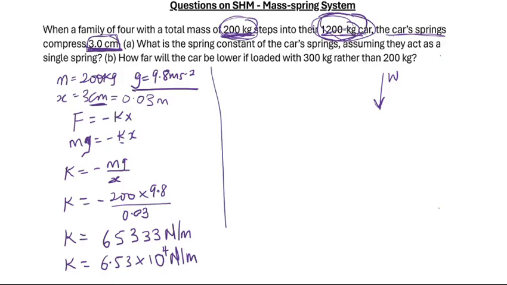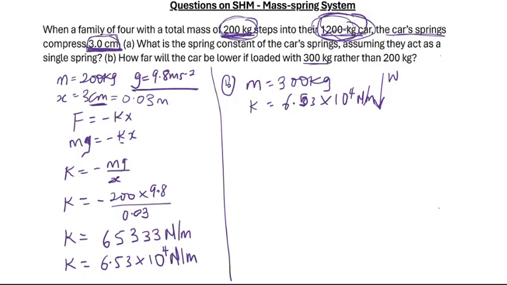Then the second question, they said how far will the car be lowered if loaded with 300 kg rather than 200 kg. Now our new mass is 300, and our k remains the same, 6.53 times 10 raised to power 4 Newton per meter.